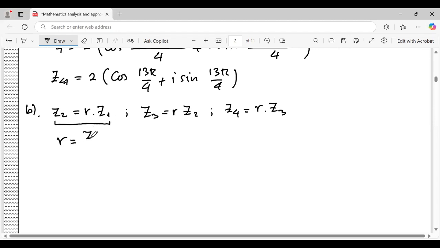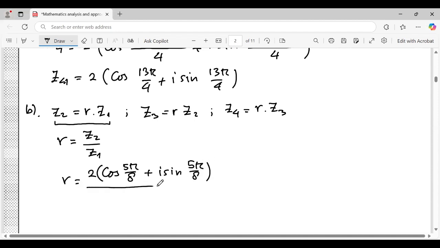r equals z2 over z1. According to our previous solution, z2 is 2 cosine 5 pi over 8 plus i sine 5 pi over 8, over z1, which is 2 cosine pi over 8 plus i sine pi over 8.